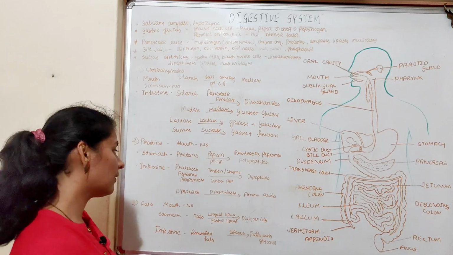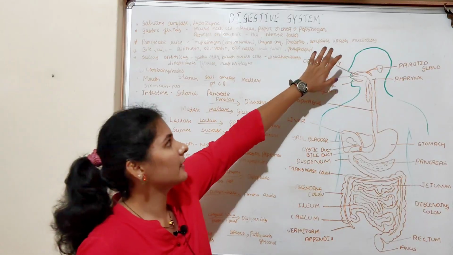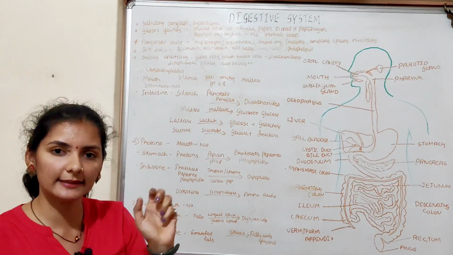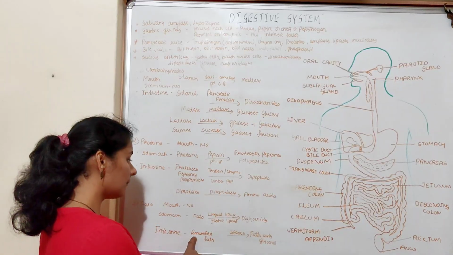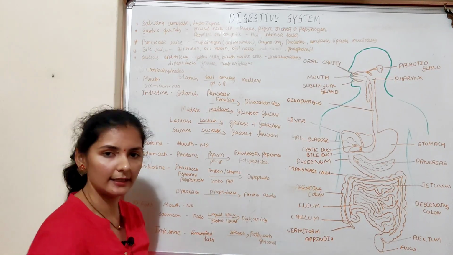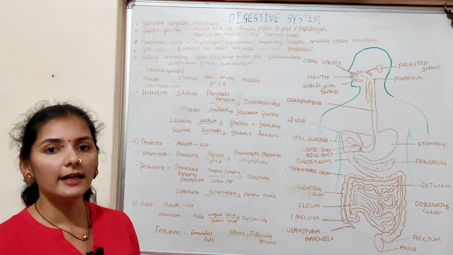Later, this emulsified fat is acted upon by the lipases, that is both pancreatic lipase and the lipase of the succus entericus or the intestinal lipase, and this converts emulsified fat into simpler soluble form, that is fatty acids and glycerol. So that is how fats are digested in the intestine.